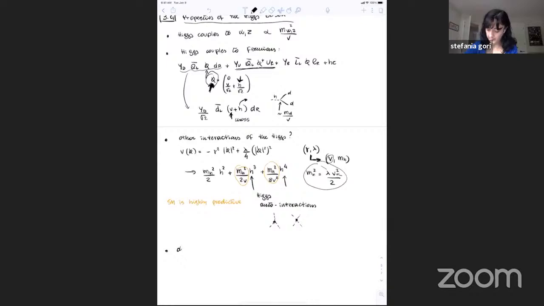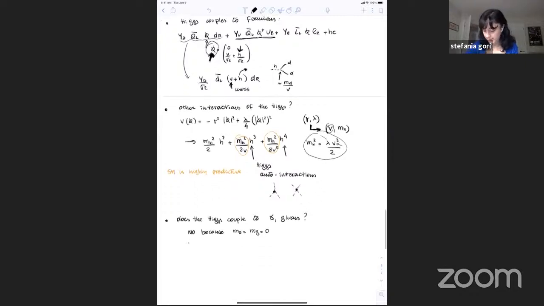Does the Higgs couple to photons or gluons? We might say no, because the mass of the photon and of the gluons is equal to 0, and we have learned that the Higgs couples proportionally to the mass.